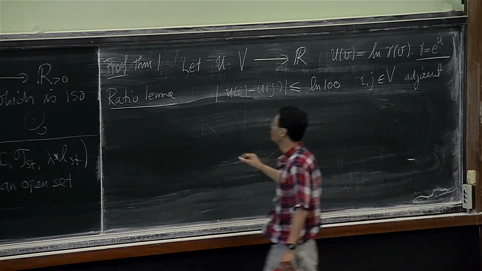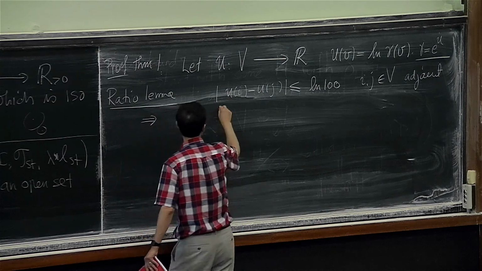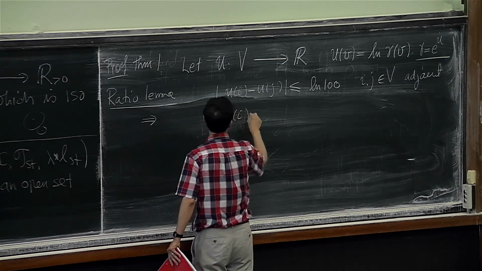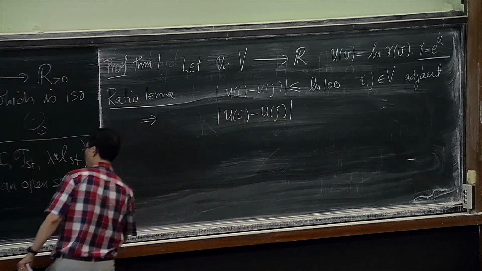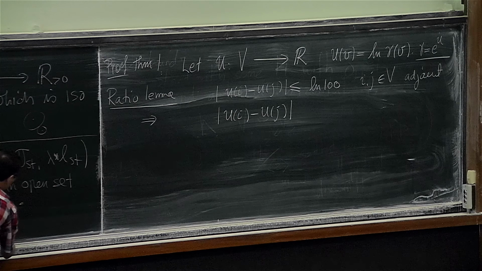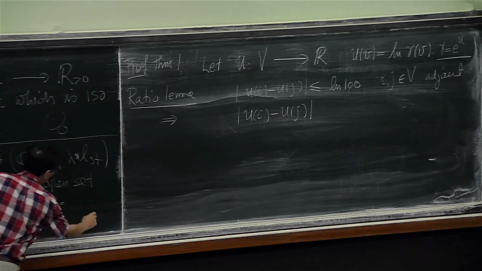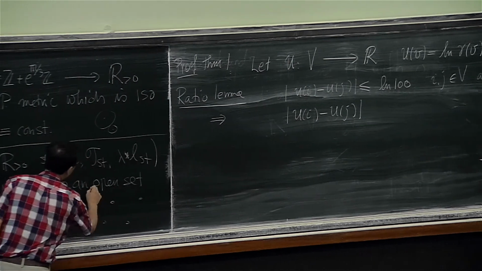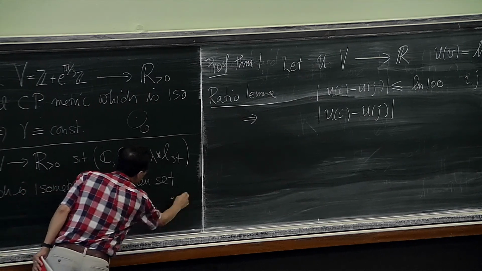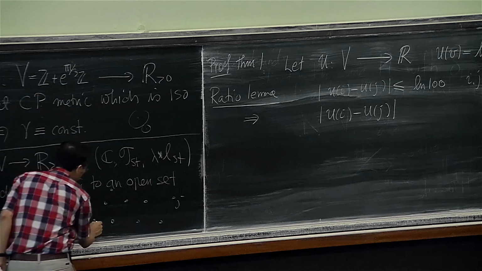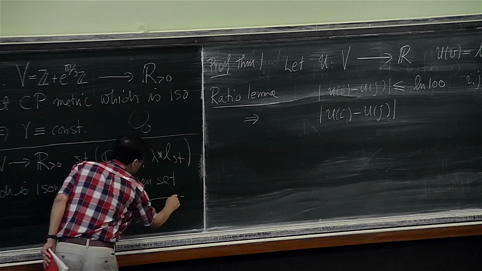And therefore, this tells you that if you take any two points, so this is the standard hexagonal lattice, and you take i here and j here, then you can compute their combinatorial distance.